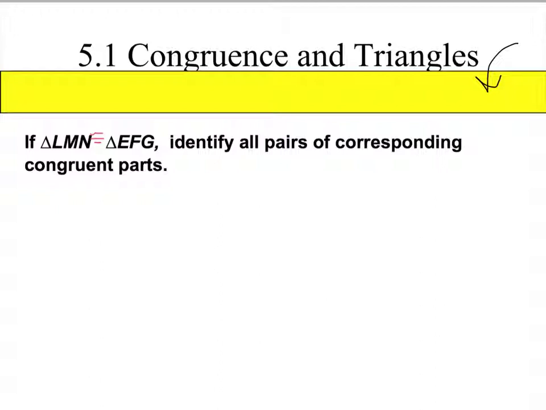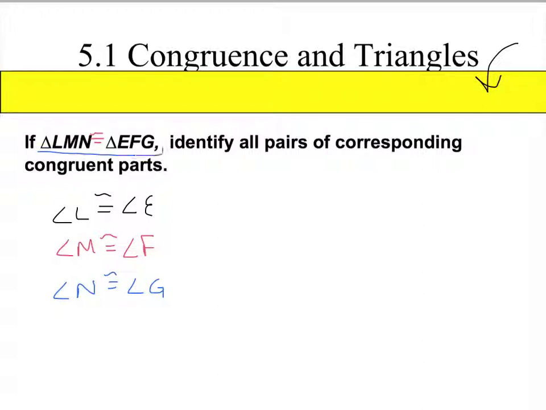All right, so we'll see what you came up with. Your answer should look something like this. Angle L is going to be congruent to angle E. Angle M is congruent to angle F. Angle N is congruent to angle G. Again, based on their position in this congruent statement. All right? Now we also have our angles here. Now we are going to find our sides.